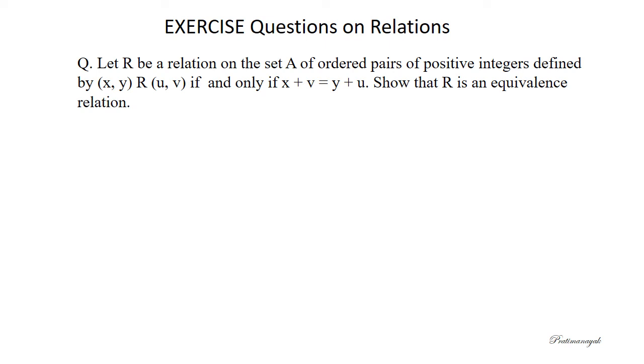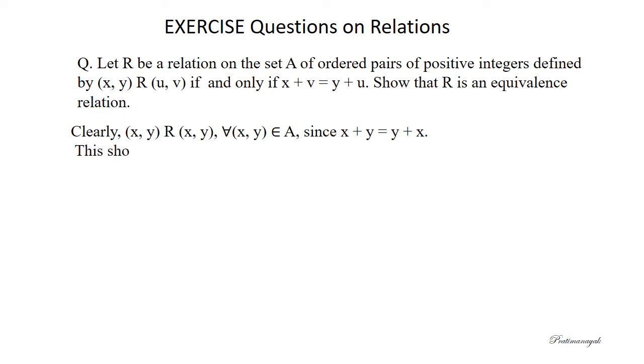Now solution. Clearly (x, y) related to (x, y) for all (x, y) belonging to set A, since x plus y is equal to y plus x. This shows that R is reflexive.